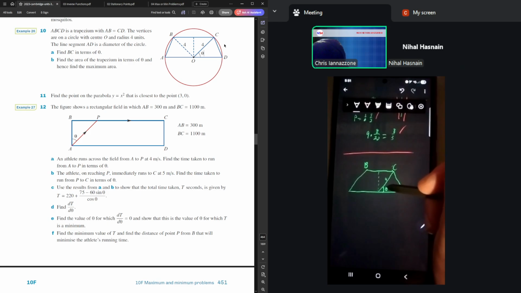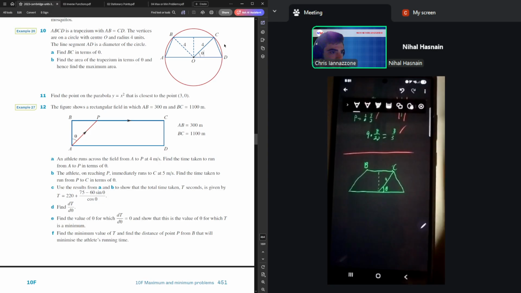So one of the first things I'd start thinking about is that BC is a length and theta is an angle. So we need to figure out how we can get angles and lengths related to each other in the same statement or equation.